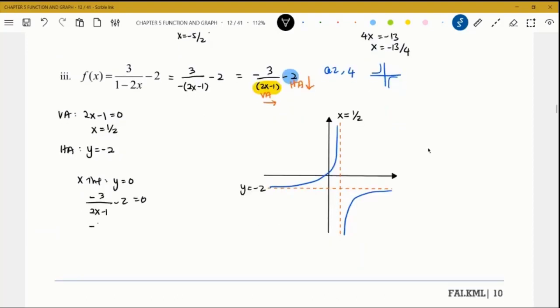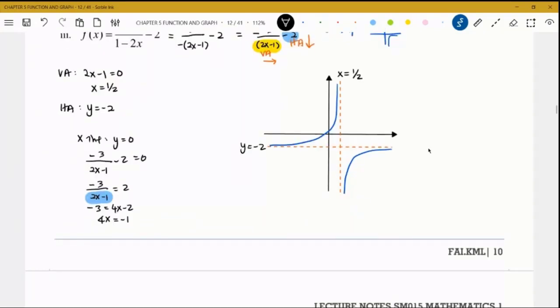So it's going to be negative 3 over 2x minus 1 equal to 2. So we bring up this one. So we're going to have negative 3 equal to 4x minus 2. So 4x equal to negative 1. And then we're going to have x adalah negative 1 over 4.